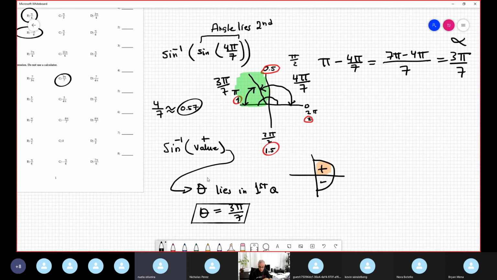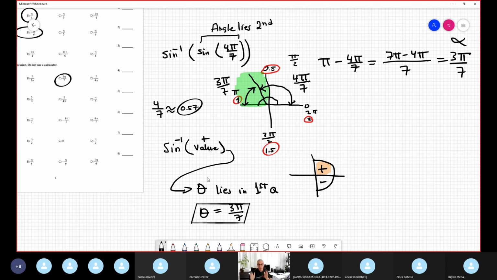So, Professor, because it lies on the first quadrant, that is why we put pi minus 4 pi over 7. We did that because of this problem, focus in this problem, not another problem that you have in your mind. You see in any quadrant, I promise you. Do you understand in this quadrant?